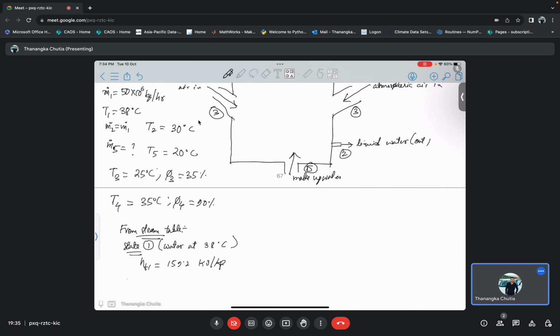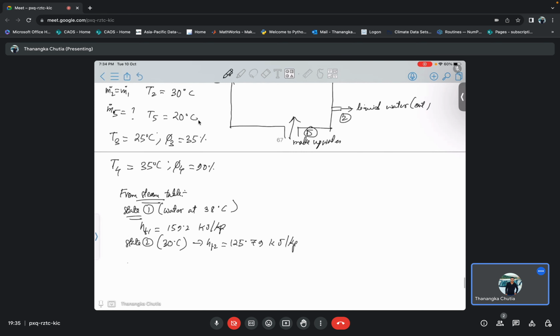State 2, that is water at 30 degrees Celsius, you'll get hf2 is equal to 125.79 kilojoule per kg.